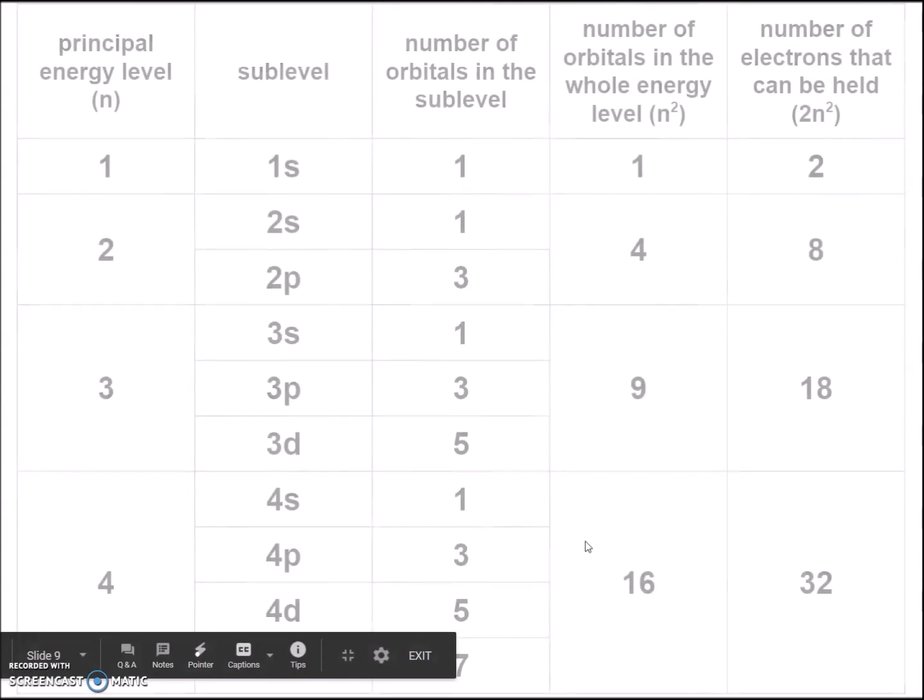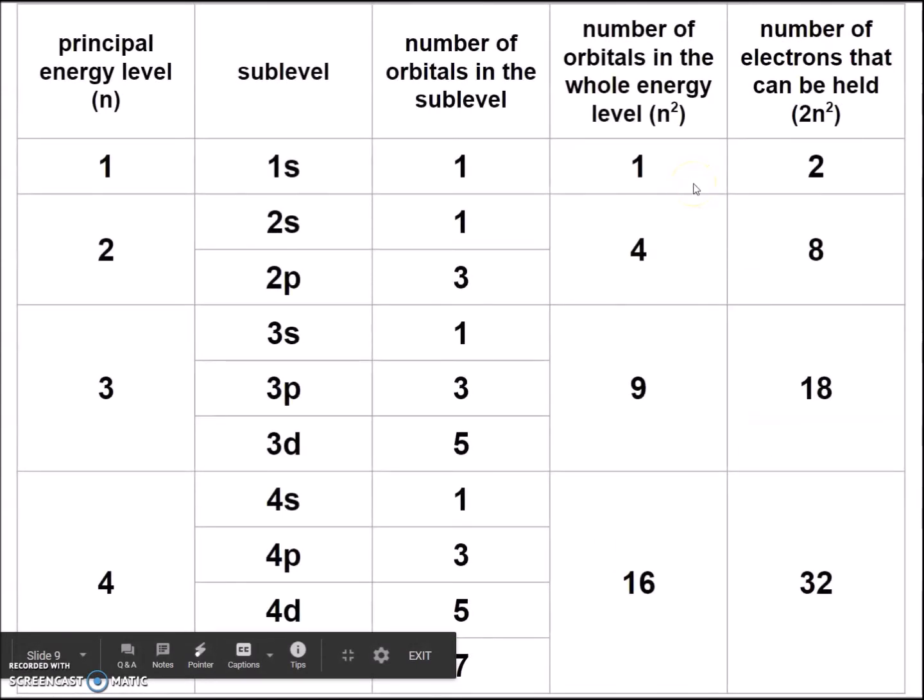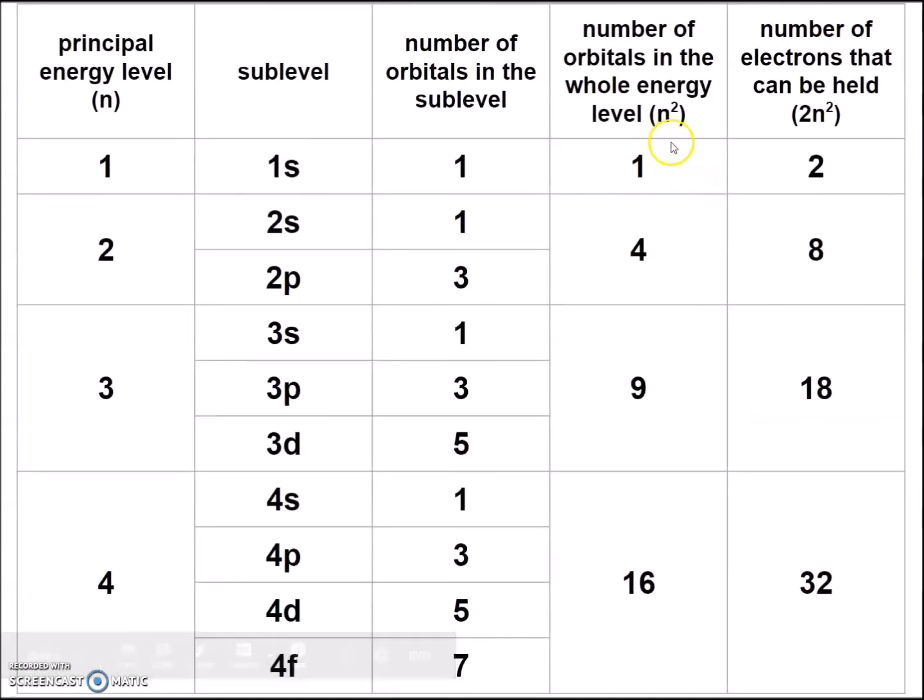Okay, let's summarize what we've covered so far. It's a lot of goofy stuff. Sometimes one complete chart will help to simplify things. So don't freak out when you see this at first. We're going to take a look at each of these columns and rows together. The leftmost column lists the principal energy level, which we abbreviate n.